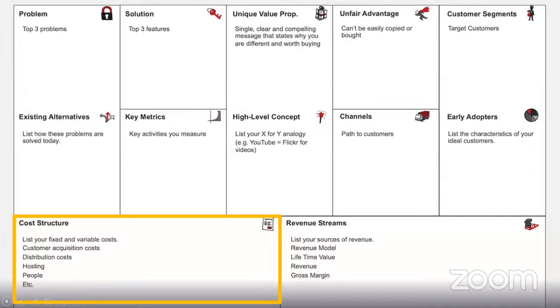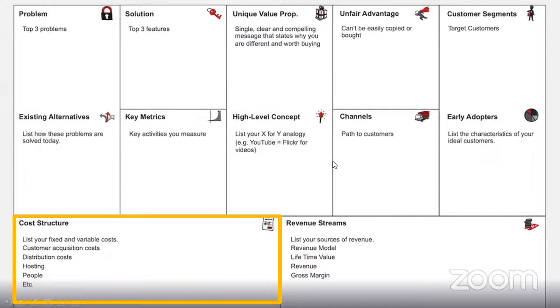The last one is the cost structure. And as you can see, we're talking about structure. We are not tackling figures or real numbers as much as we need your focus to know which is going to be the most expensive or the most cost consuming part of your business model.